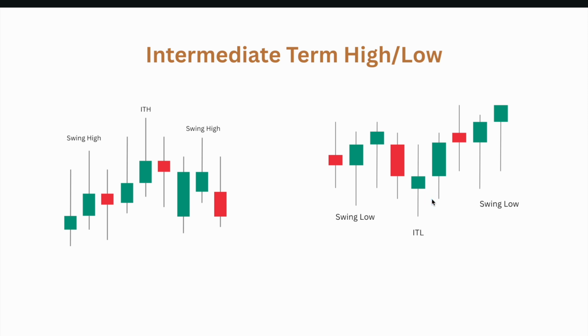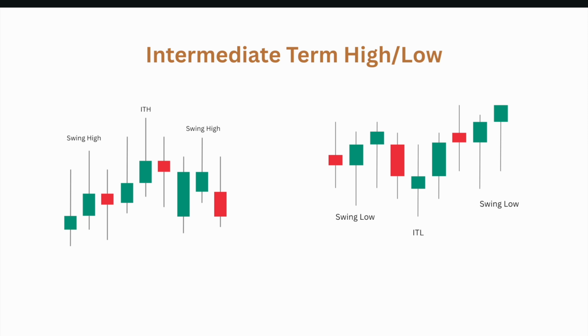How short term highs and intermediate term highs are used, why they are used, and how they affect the PD arrays and price action, we will see in coming videos, wherein we will learn more about how price moves from one PD array to another and how price moves to catch liquidity or to offer a fair value.